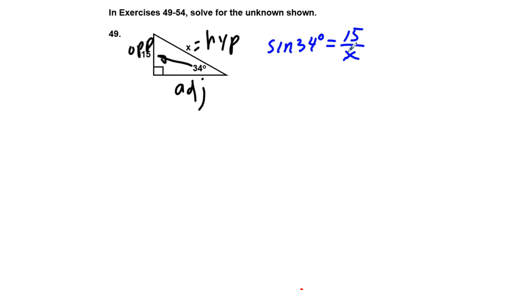So if we cross multiply the x, we get x sine 34 degrees is equal to 15. And then to isolate x, we will divide by sine 34 degrees.